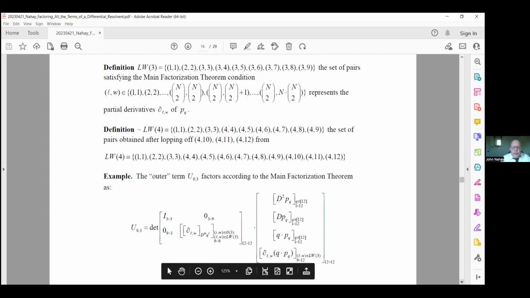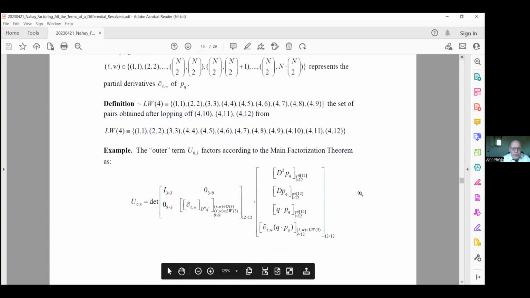Okay, so just to show one of the terms, the outer term, we already know how to factor. It factors as this 12 by 12 times this 12 by 12, where here are the coefficients of the LWs with respect to DMQI, where I, M run through order operators with I plus M less than or equal to 3, and the LW partials are in this set LW3, and here's what remains in the resolvent.